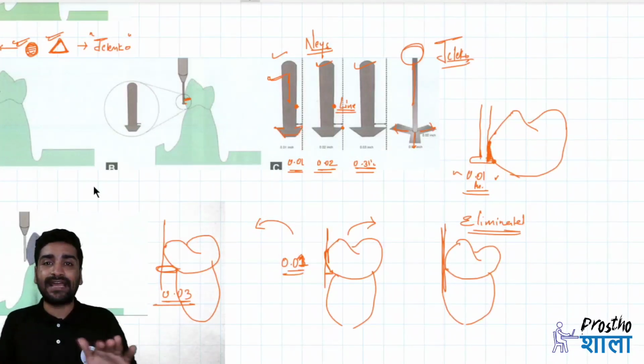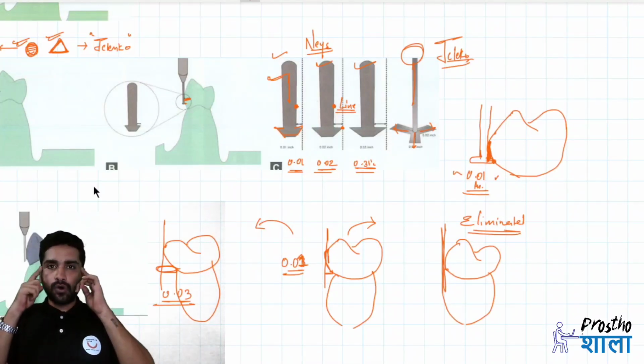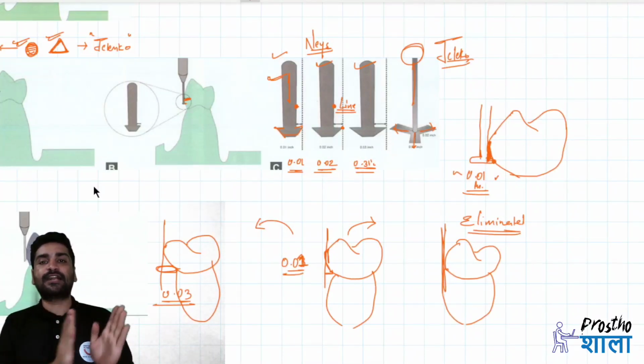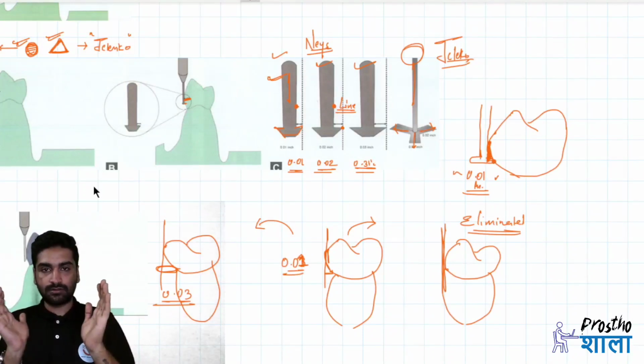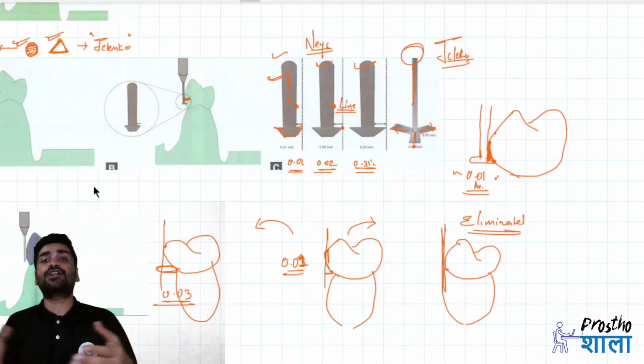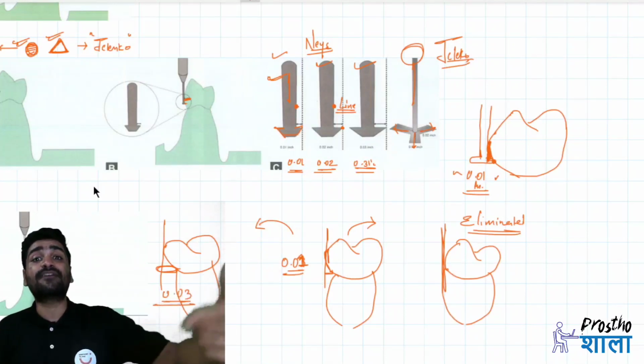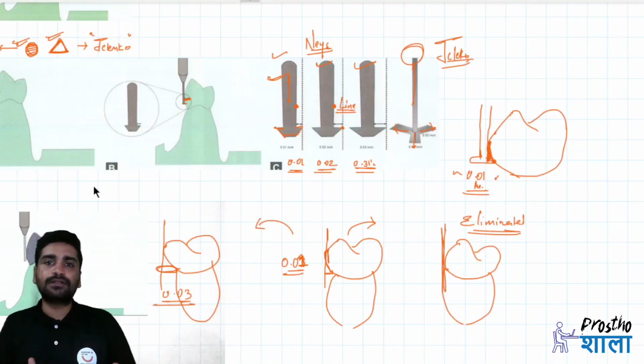It is not as simple as acrylic partial denture. So the whole concept of determining the height of contour, the depth of the undercut, is to determine which part you are going to use where, and which will be efficient. That is why you are doing all this, right?